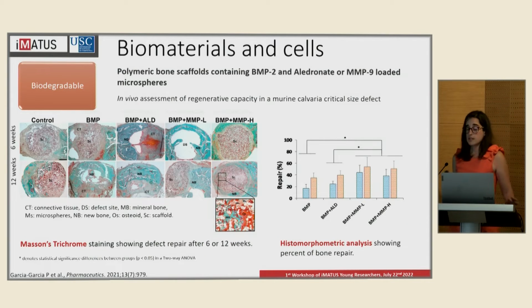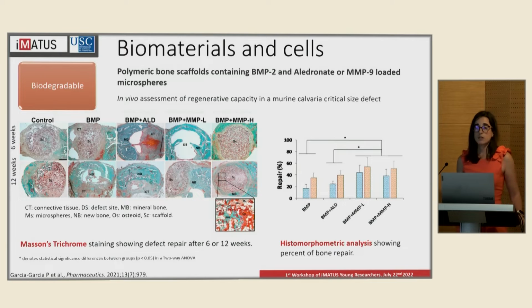The next step that's also really important for tissue engineering is being biodegradable, to make sure that the new tissue is allowed to form as the biomaterial degrades. In this case, I show you an in vivo assessment of the regenerative capacity of polymeric scaffolds.